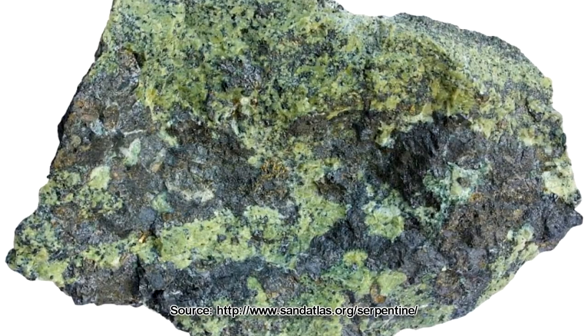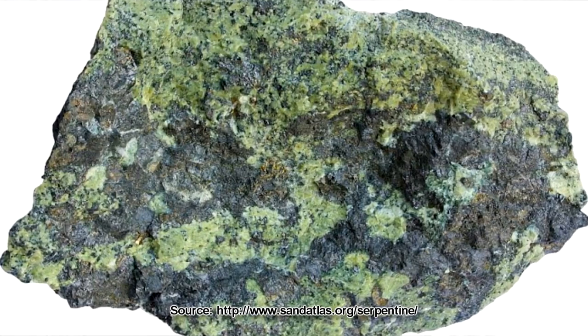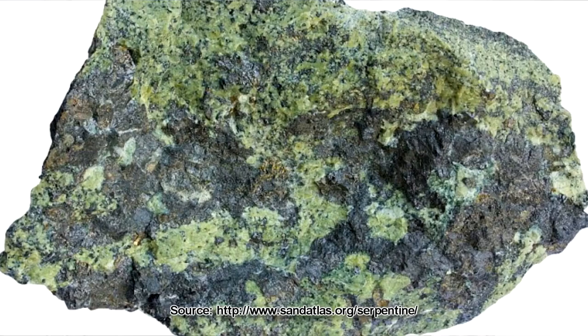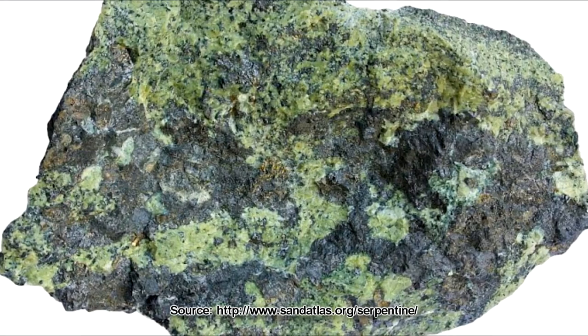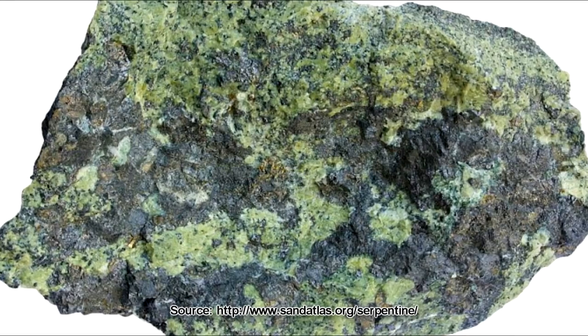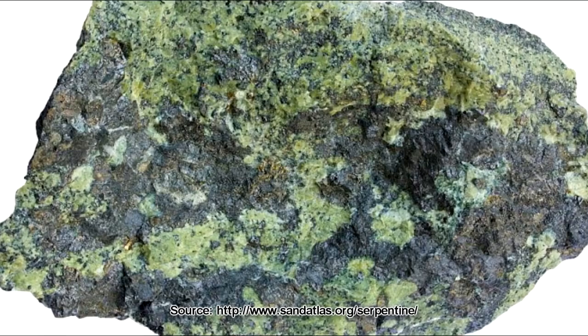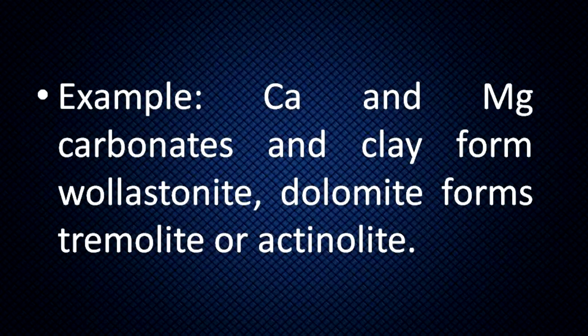So, old minerals are broken up and their ions recombine to form new minerals, which are stable under a changed set of conditions. So, these newly formed minerals or neo-formed minerals are stable under the new conditions.